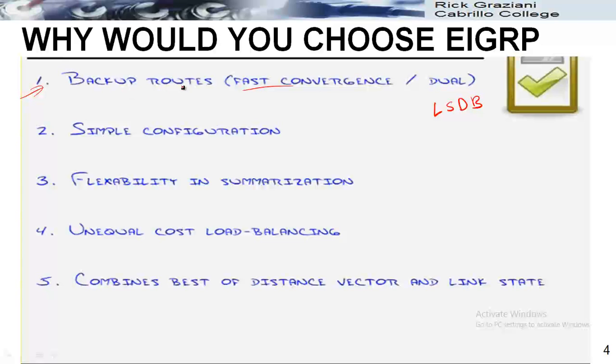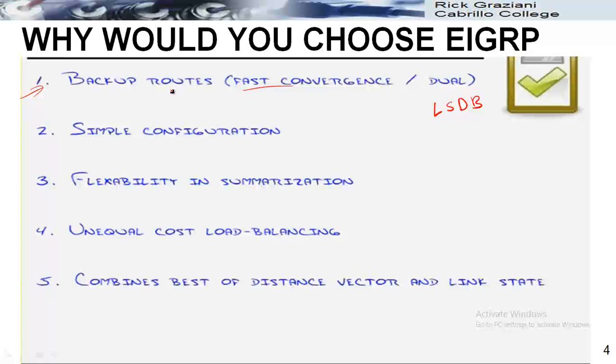So it pretty much has the same backup, but the backup I'm saying is the only one in EIGRP, because EIGRP is the only routing protocol that keeps backup routes, is that it has this concept of successor and feasible successor. As in, when you lose the primary route, the backup route is put in the routing table instantaneously, meaning you can have sub-second convergence with EIGRP compared to OSPF.